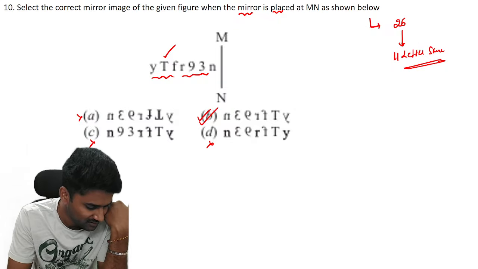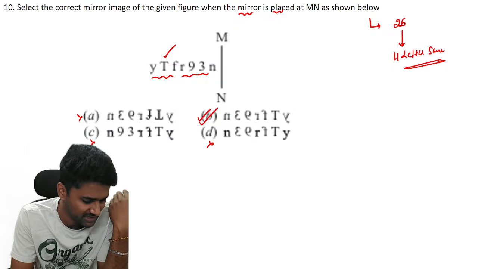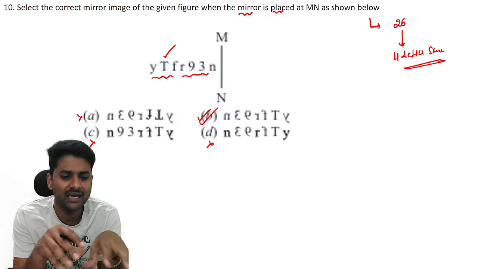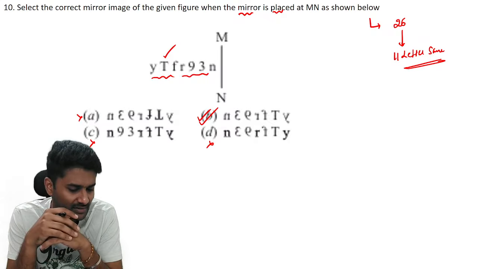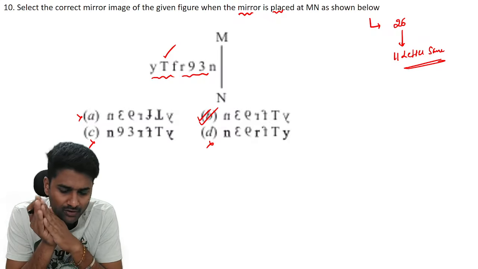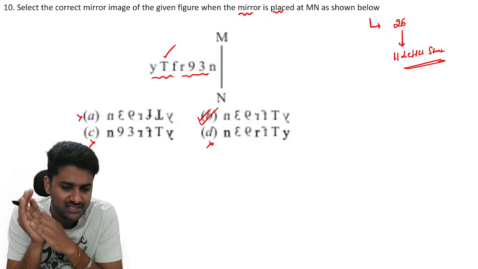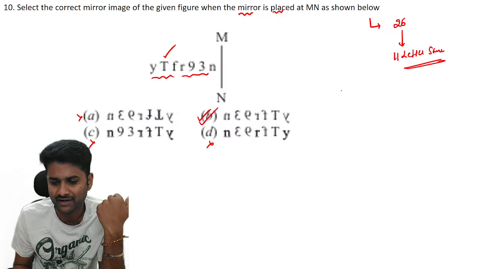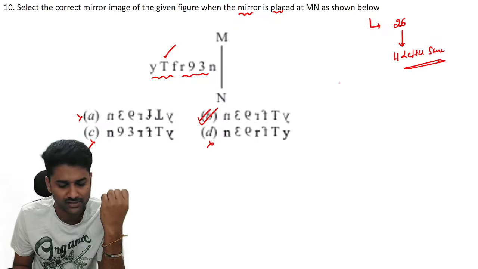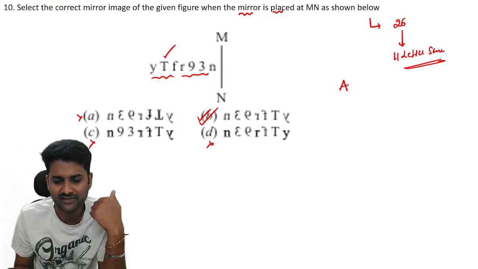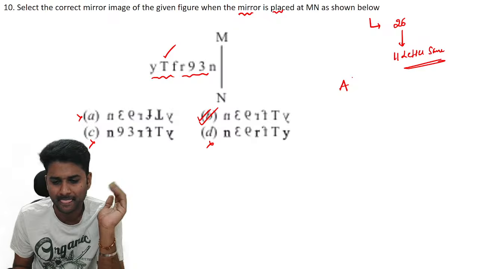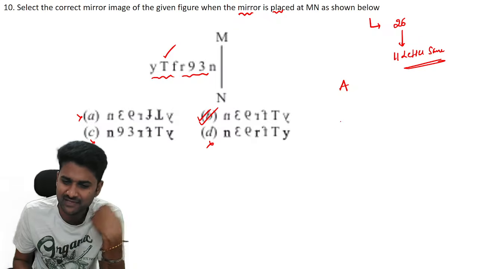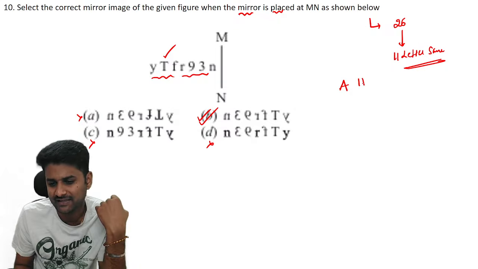Guys, for any non-verbal, try to go with option verification. Eliminate the maximum number of options with the help of the basic concept of mirror image. See, out of 26 letters, 11 letters are same. So if you want, I will help you out with those letters. A is the first letter which always reflects as same. Next B not, C, D, E, F, G, H reflects same.